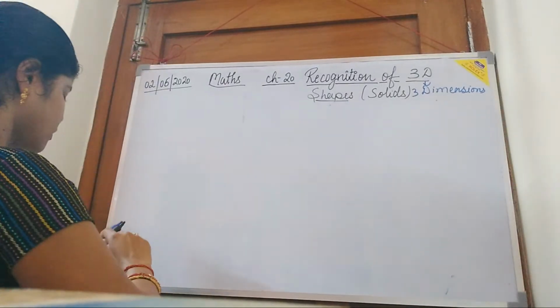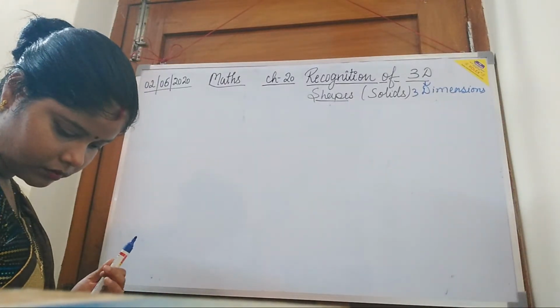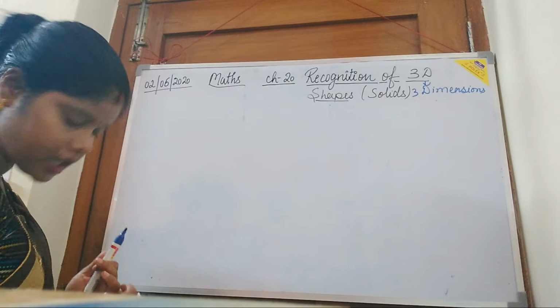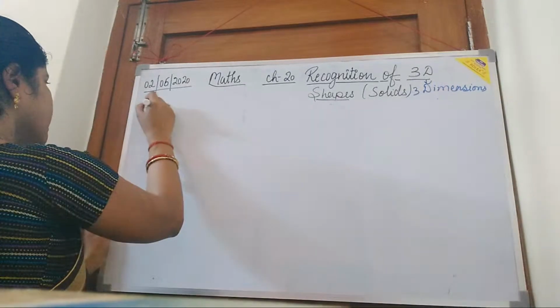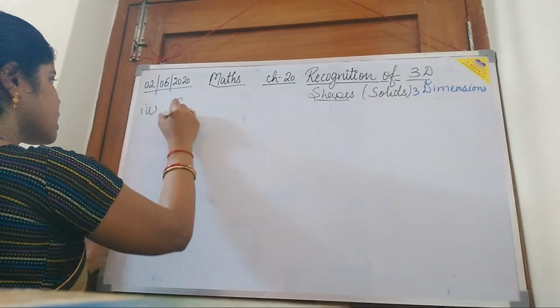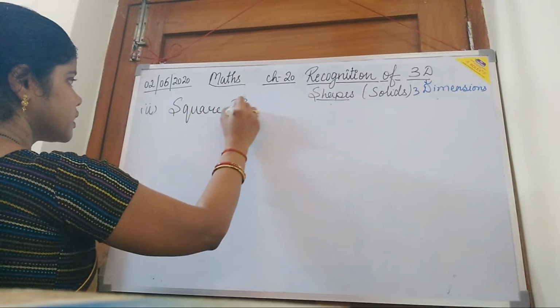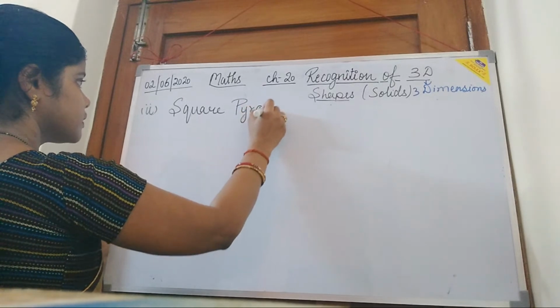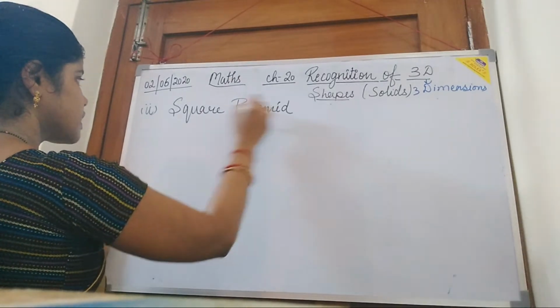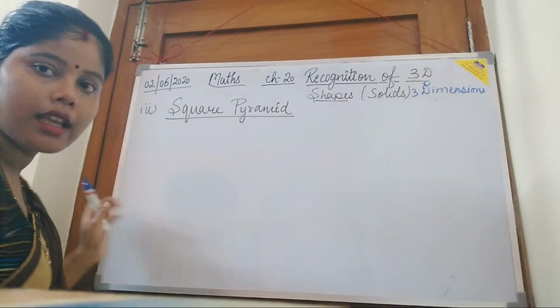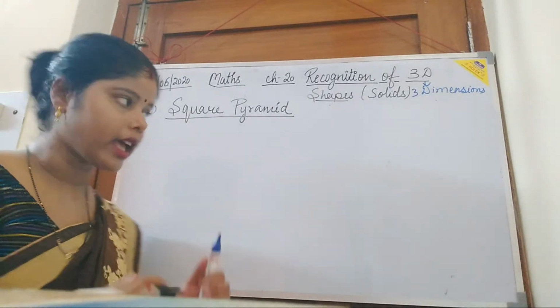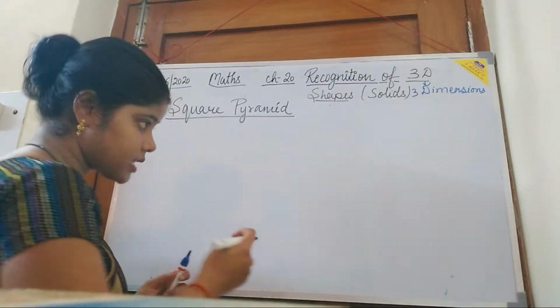The second one is the square pyramid. In this square pyramid, the base is a square. So first of all, form a base as a square.